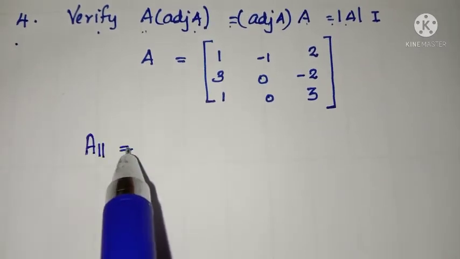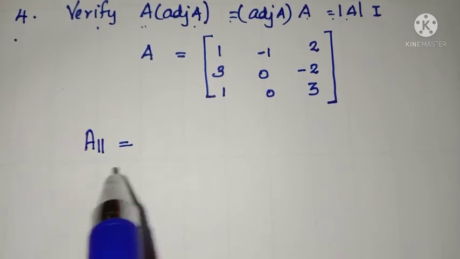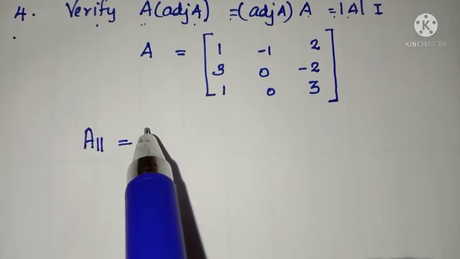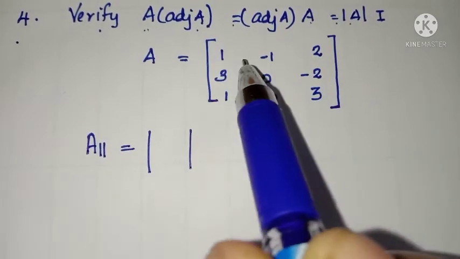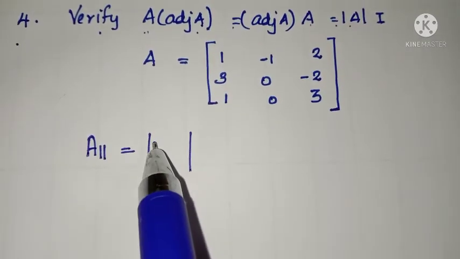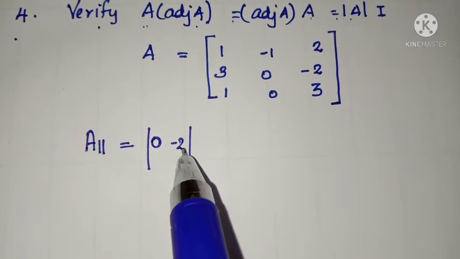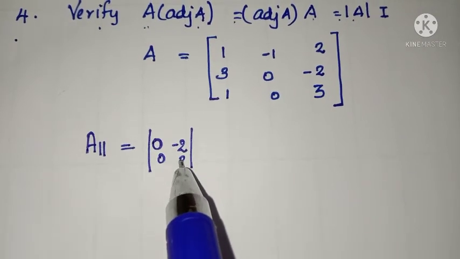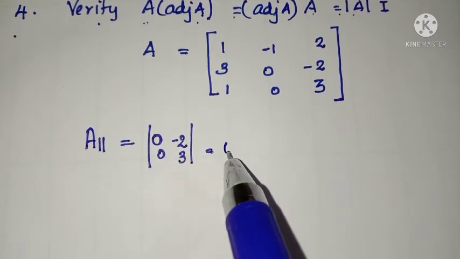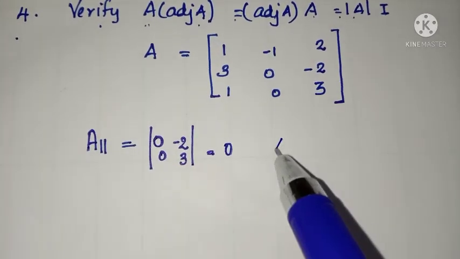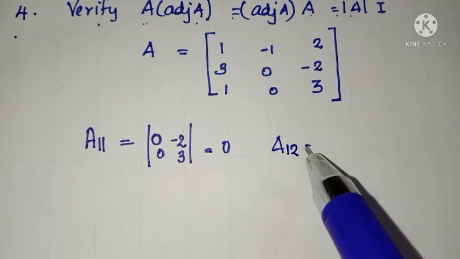The entries are A11, A12, A13 and so on. A11 is obtained by deleting the first row and first column, writing the remaining entries in the determinant and finding the value. This gives 0 minus 0, that is 0. Now what is A12?